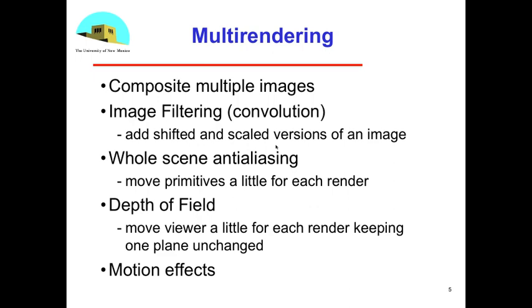Given the two examples I just gave you, if you multi-render with an object moving, then each time you render it, that object is in a slightly different position, but all the other things that are not moving are the same. You composite them all together, and you see this blur. And you could render the older positions slightly darker, so you get an idea of what direction the motion is going in.